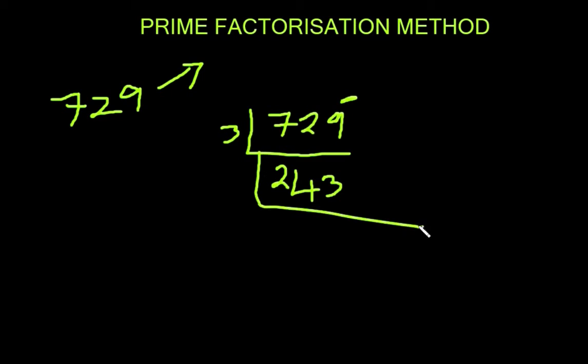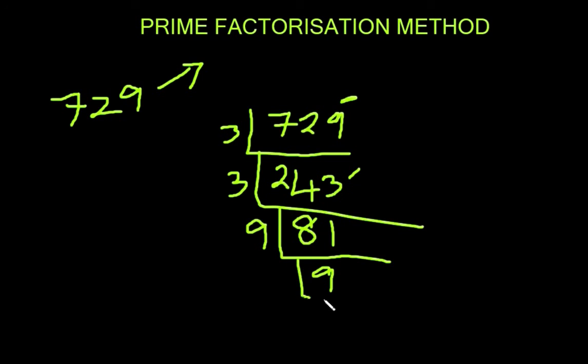Now see, the unit digit is 3, so we can use 3 again. 3, how many times in 243? It is 81. By seeing 81, it should instantly click that 9 square is 81. So you can write 9 into 9, 81. 9, 1 times 9. We are done with the process as we have reached 1.